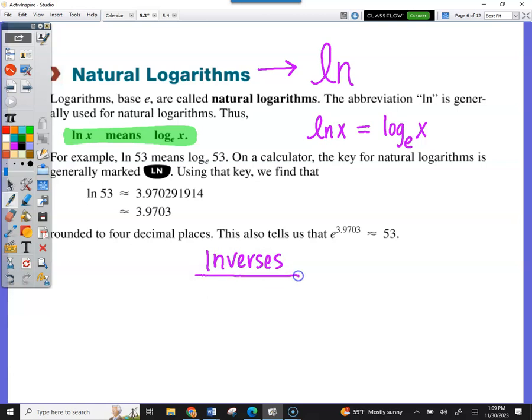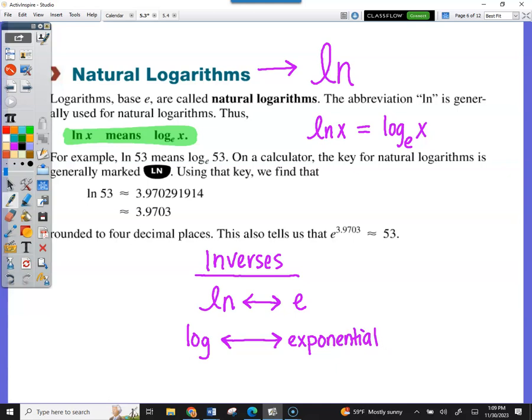I need you to take away from this that ln and e are inverses, just like log and exponential expressions are inverses.